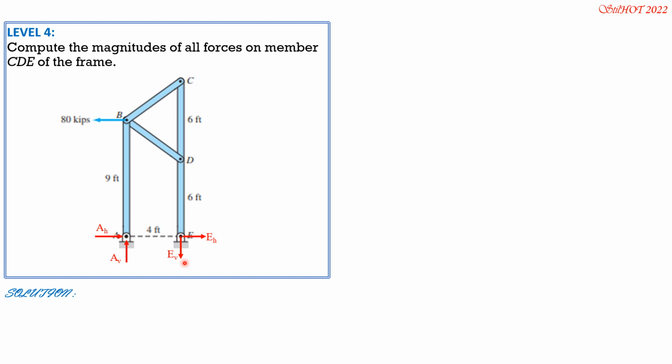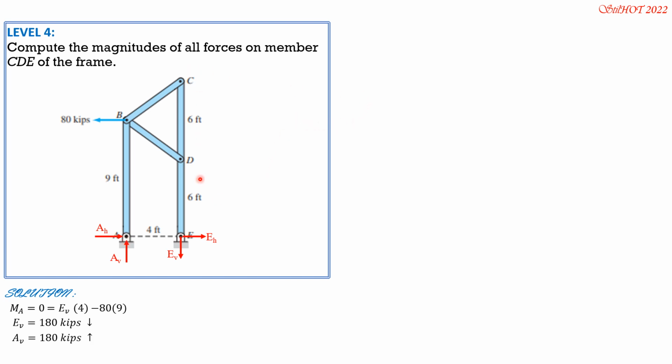We can solve E sub V by setting moment about A equals 0, considering the whole system, clockwise positive. So this is equal to E sub V times 4 minus 80 kips times 9. Therefore, E sub V is equal to 180 kips, positive, so it's downward. A sub V therefore is 180 kips upward if you sum up forces vertically.